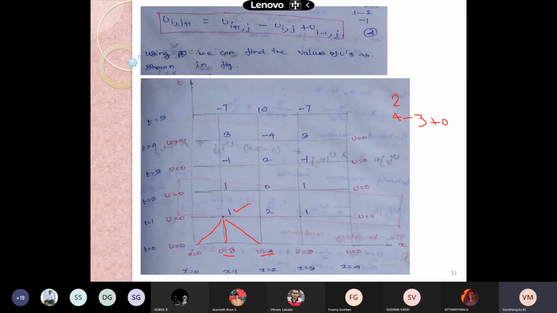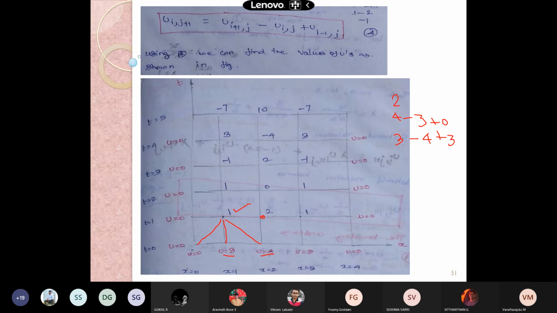Okay, good. Arvind, how can this point be calculated? You tell me. 3 minus 3, 3 minus 2, 3 minus 4 plus 3. You are asking for u equal to 4, sir? Which point are you asking?